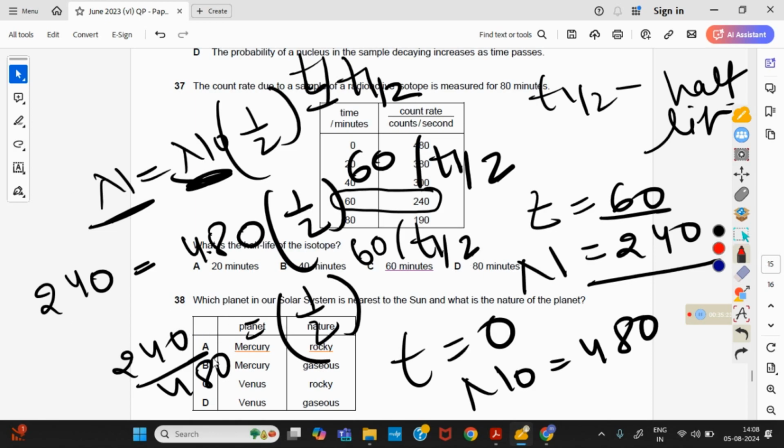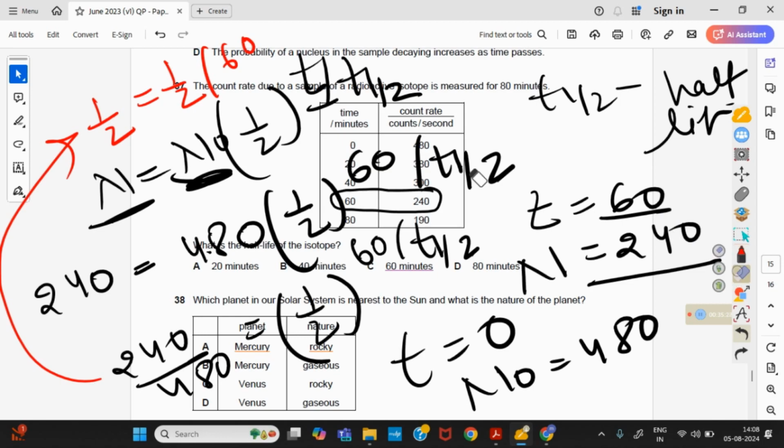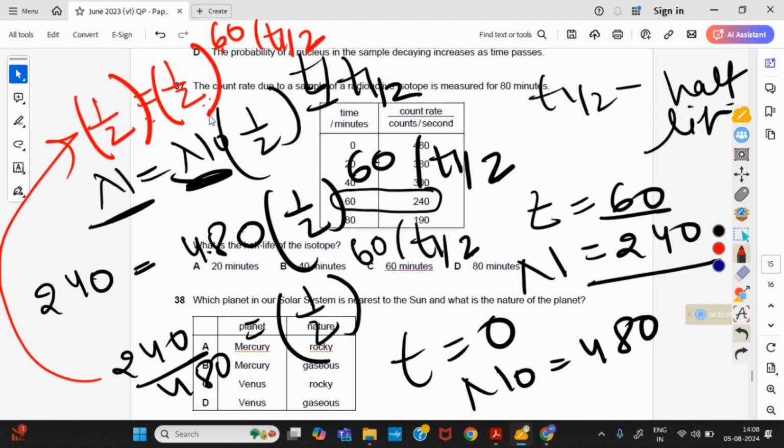Now this is one half equal to one half to the power 60 by T half. Be very careful, this is the power. If the base numbers are the same, I hope you are all aware of exponents, we can compare the exponent, the power. Here the power is 1, and the base one half is the same. It means 60 by T half is equal to 1.